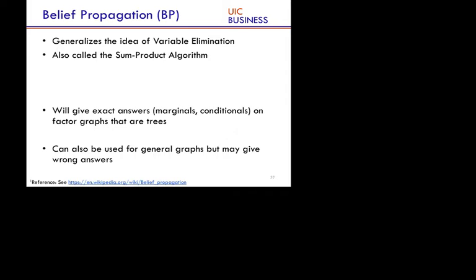I don't know how many of you have heard the word belief propagation or sum product algorithm before. It's actually very interesting because in the early 90s, there were people in communications theory who were trying to come up with really efficient channel codes. What are channel codes?